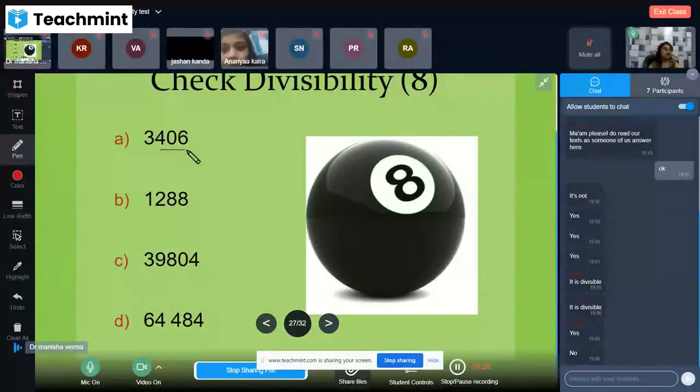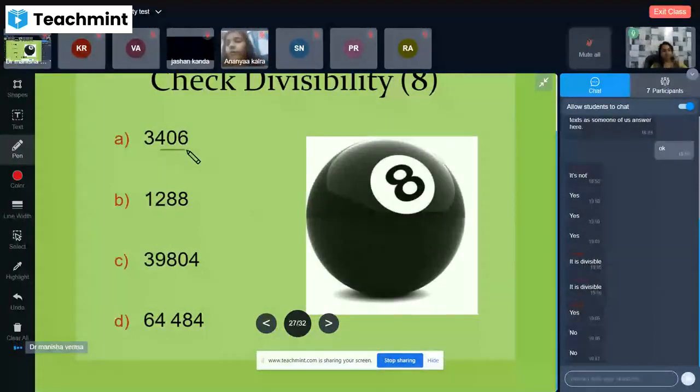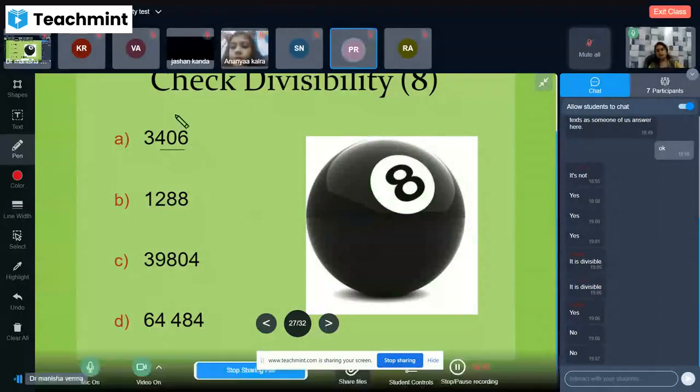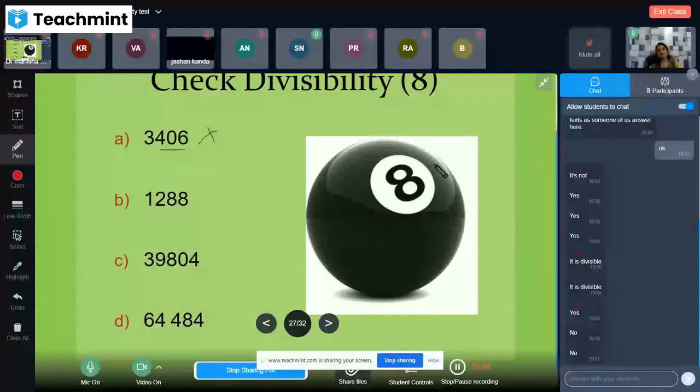क्या ये डिवाइड होते हैं 8 से? No. करके देखिए. सब लोग करके देखिए. क्या ये 8 से डिवाइड हो रहे हैं? No. नहीं हो रहे हैं. Okay?